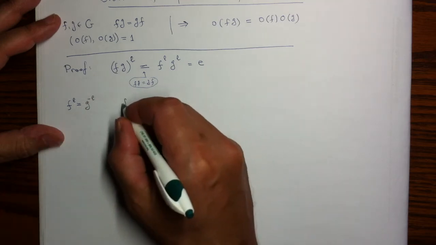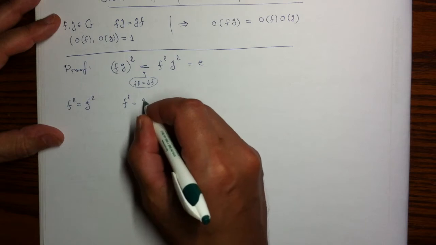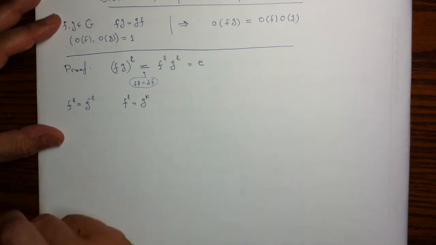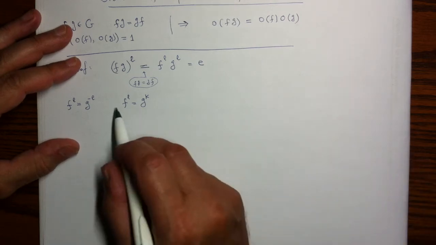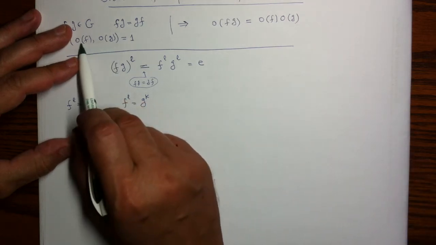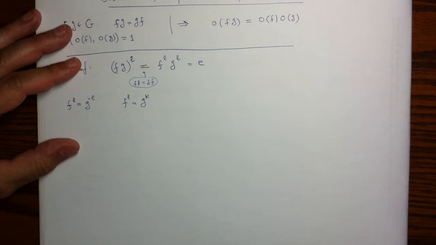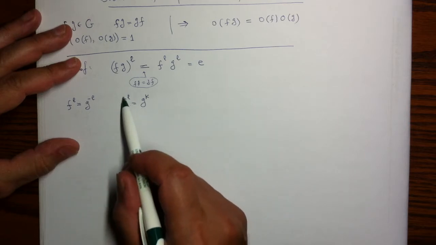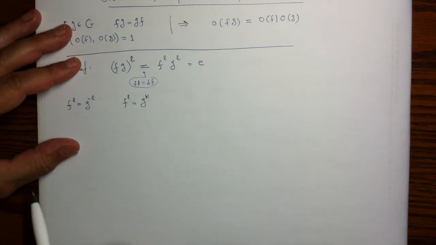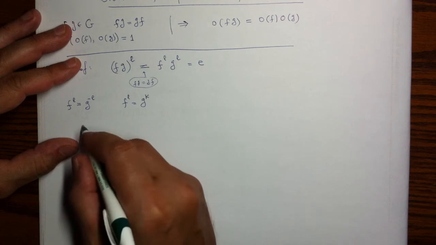Well, we could make it even more generic, assuming that some two powers of f and g coincide. Under this condition that the orders of f and g are coprime to each other, that should be only possible when each of these sides of the equation are separately identities. So let's see why.